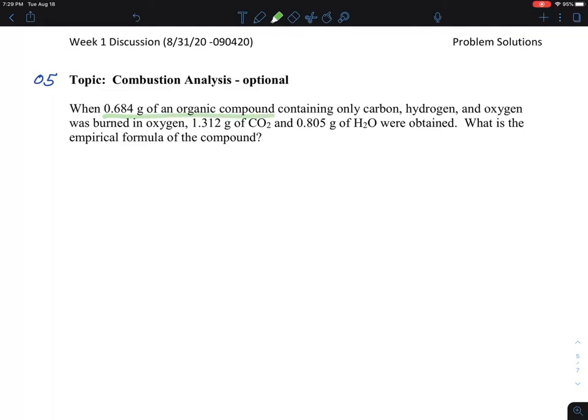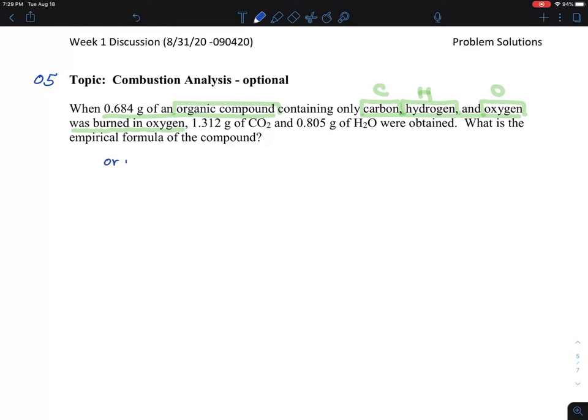So organic compound, the mass is given, and the information says carbon and hydrogen and oxygen are part of the organic compounds. So organic compounds are made out of carbon, hydrogen, and oxygen. Okay, and they are burned in oxygen. That means, so I'm starting to think about now.